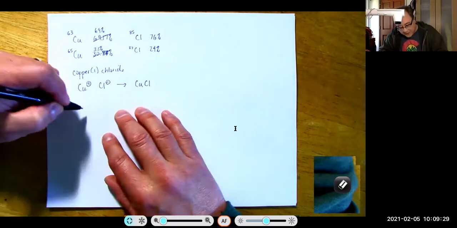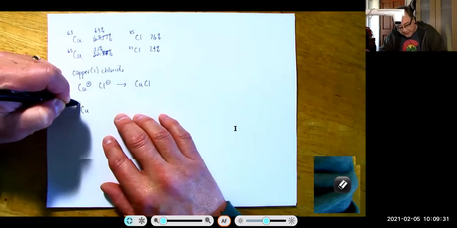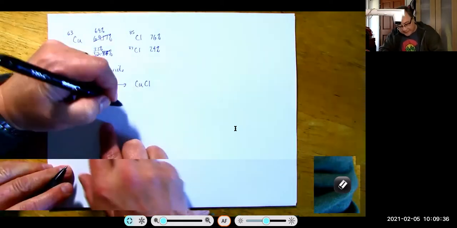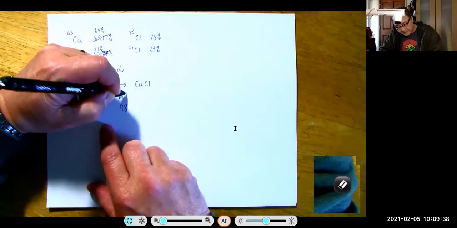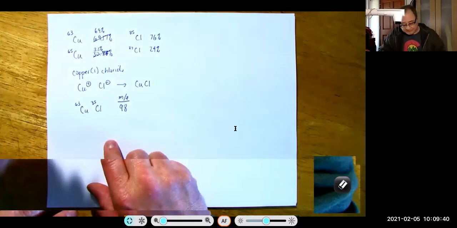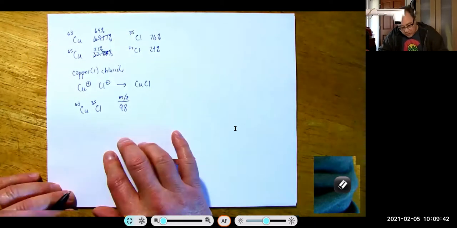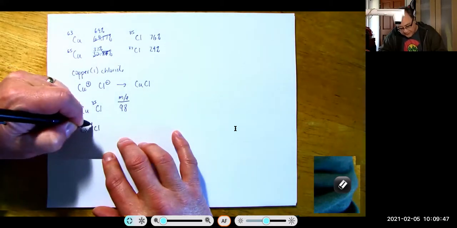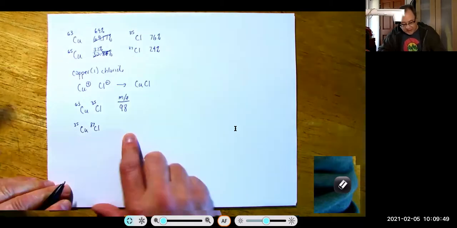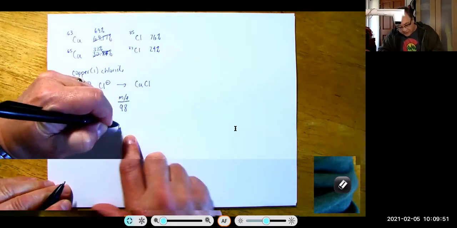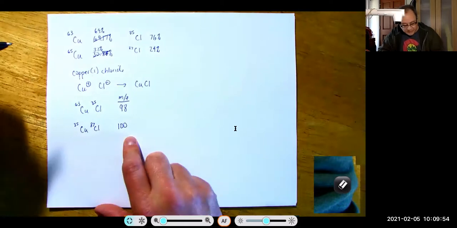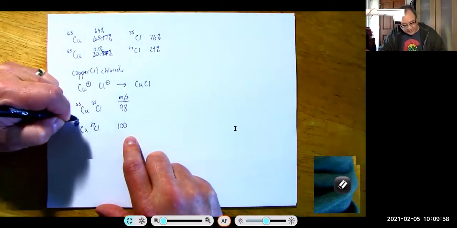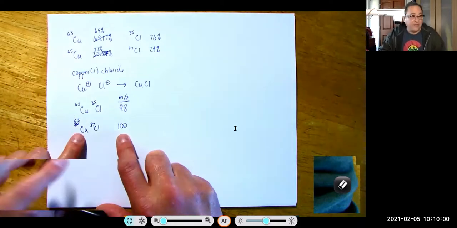Well, you could have a copper 63 and a chlorine 35 with a total mass of 98. So that would be the mass to charge ratio. You could have a copper 63 and a chlorine 37, and you would have a mass to charge ratio of 100. No, that's not right, I wrote the wrong numbers down. 63 and 37, and you'd have 100.